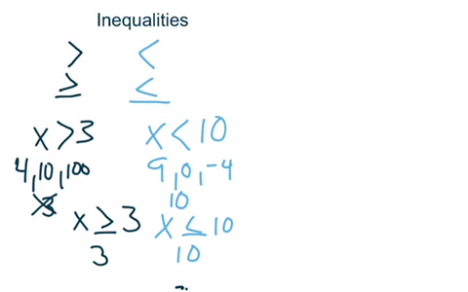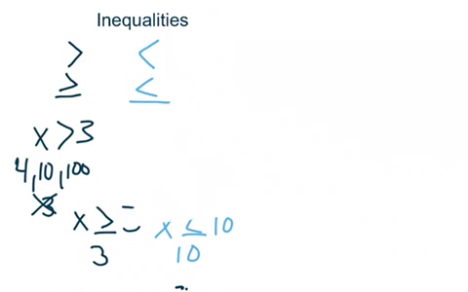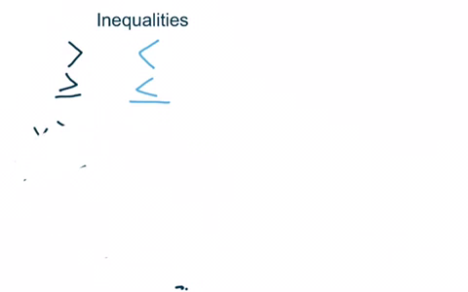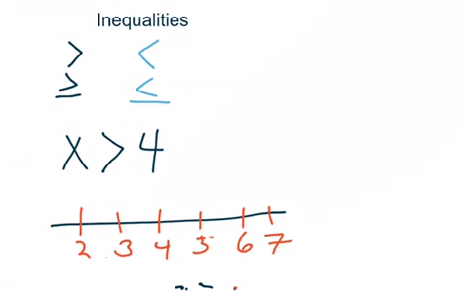One last thing I want to talk about that may be new. We're going to be drawing these values on a number line. For example, if I have x is greater than 4, which does not include 4, then on a number line we put a hollow circle at the 4.